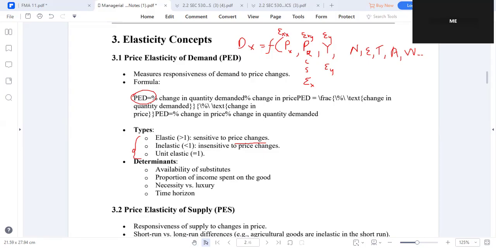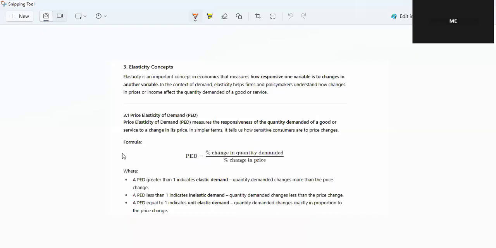We're going to look at the formulas for each of these. Price elasticity of demand is given by the percentage change in quantity demanded over the percentage change in price. We're going to calculate that using the percentage change formula and using the calculus formula.